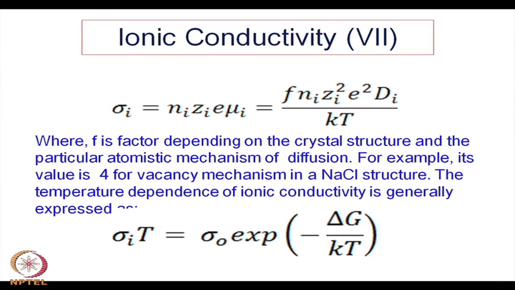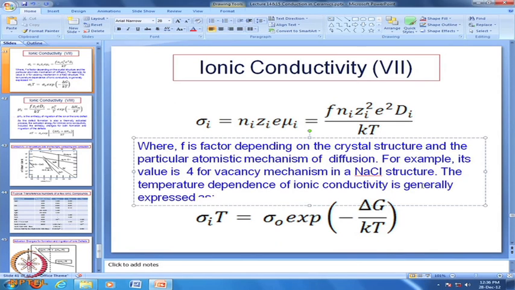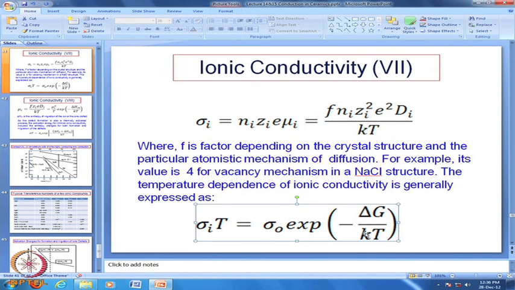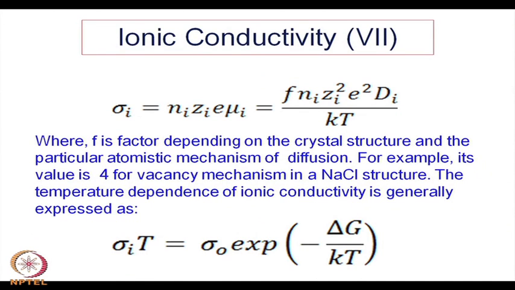The temperature dependence of ionic conductivity is generally expressed as, from this it has been simplified like this: sigma I T equals sigma 0 exponential minus delta G by k T, taking all the exponential terms together.